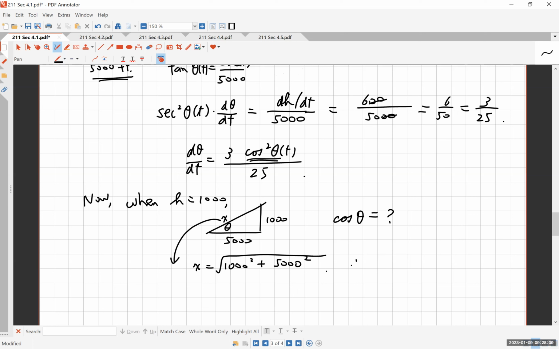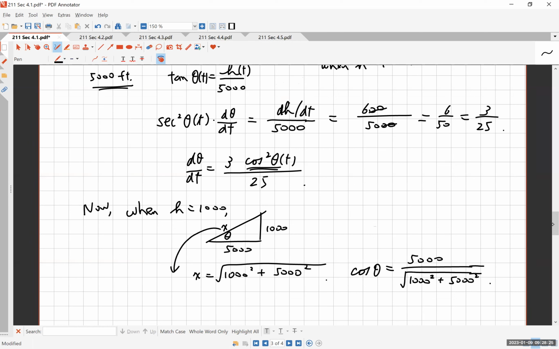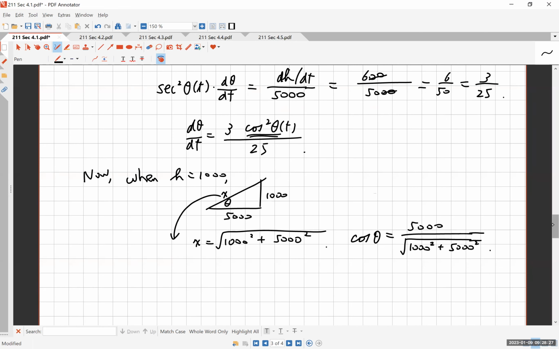So cosine of theta is going to be 5,000 over this whole thing. Okay, unfortunately, it's a large number, but you know, we can handle large numbers like millions, right?